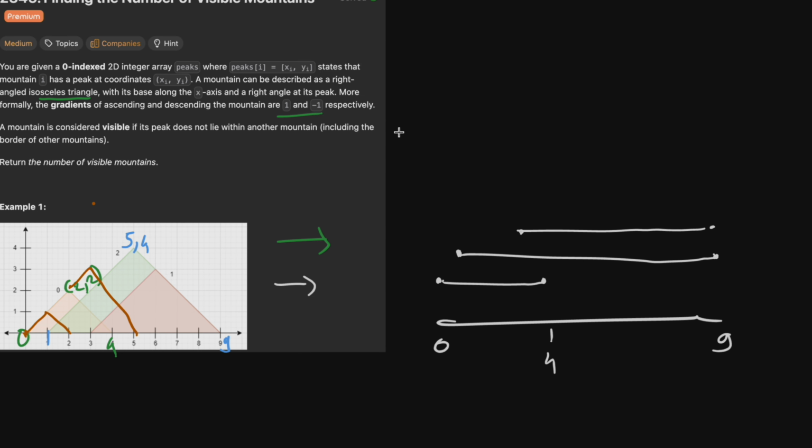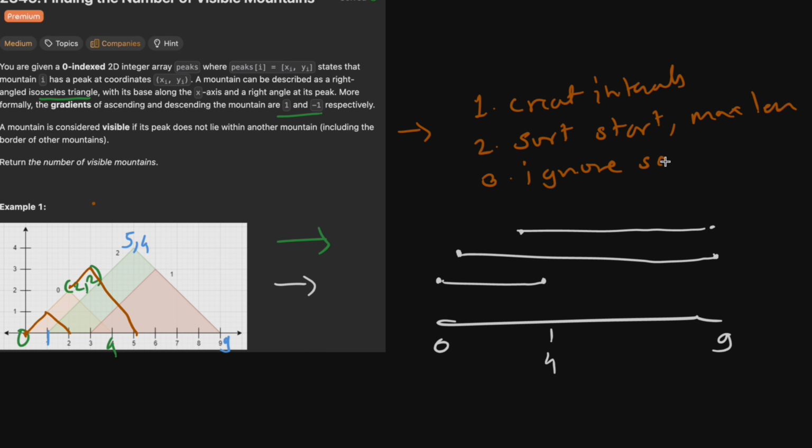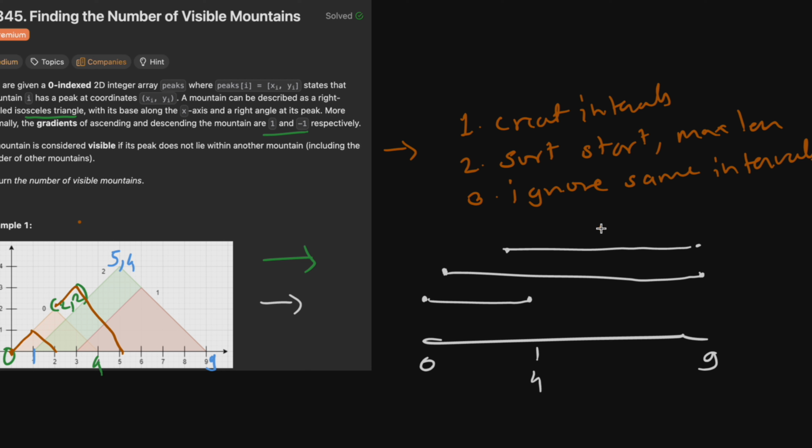Coming back to the code, how I'm going to solve this is: first I will create the intervals, second I will sort them based on start and max length, and third I will ignore the same intervals. Let's take an example where two triangles or intervals are falling at the same positions.